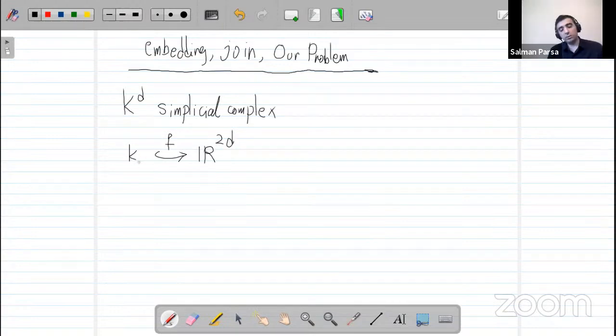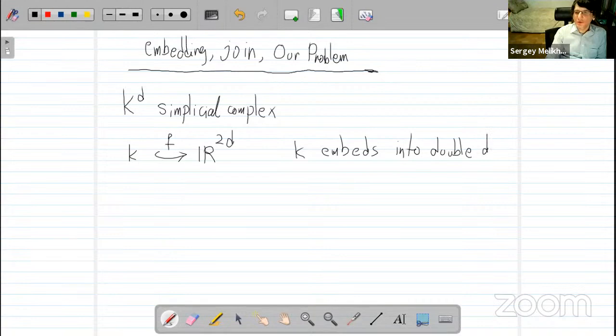So the map is on the underlying space, but I also denote the underlying space by K. So if there is a way of mapping the complex injectively into R with twice its dimension, I say that K embeds into double dimension. So just for notation.